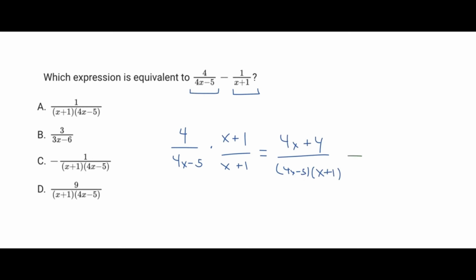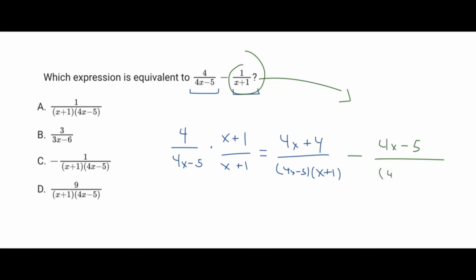So here we're going to have this term right here, 1 over x plus 1. We're going to be multiplying this by 4x minus 5 over 4x minus 5. And so therefore we will get 4x minus 5 over 4x minus 5 times x plus 1.